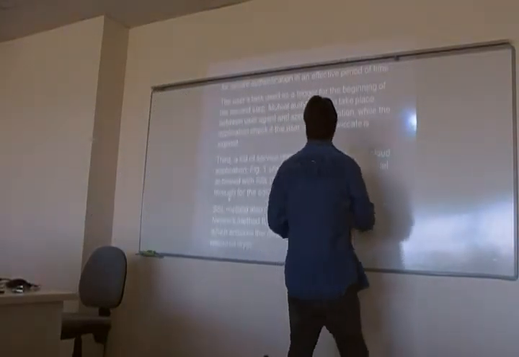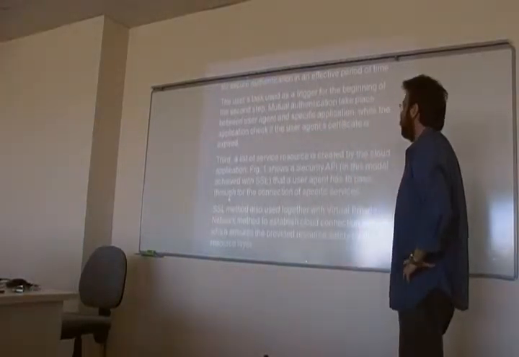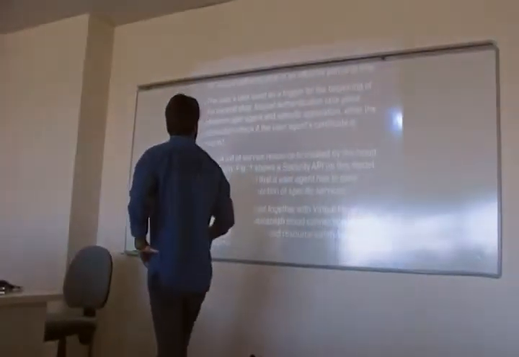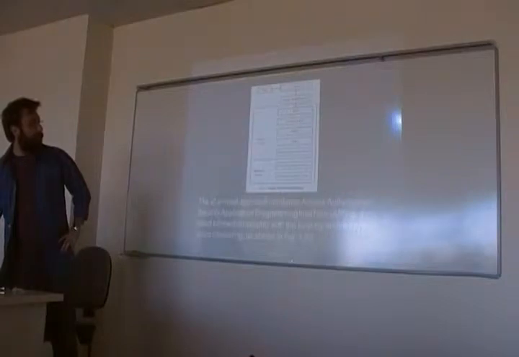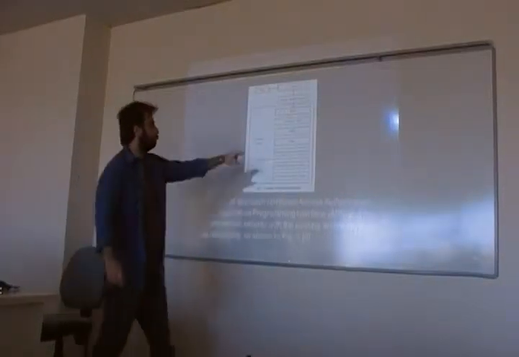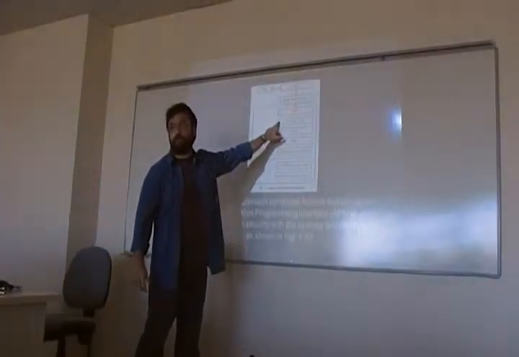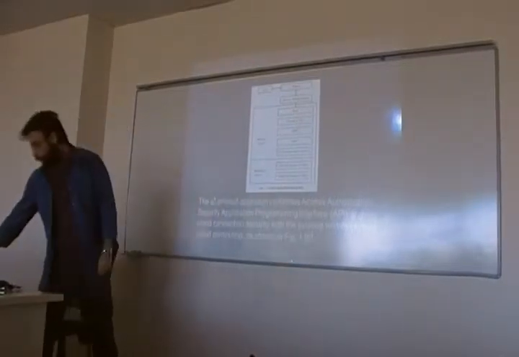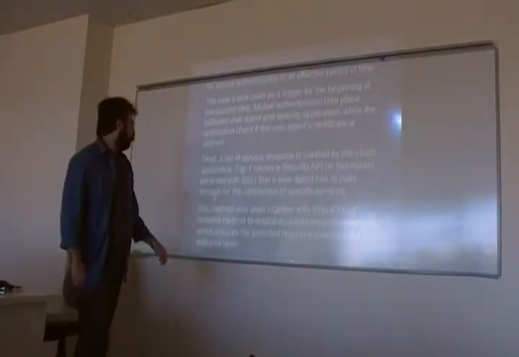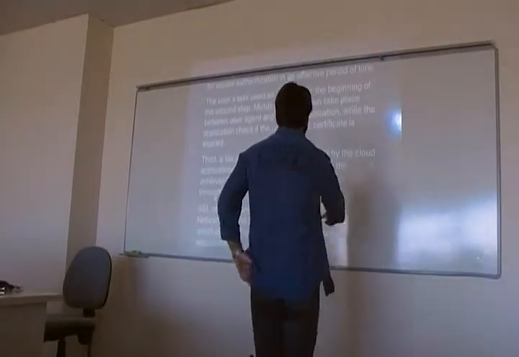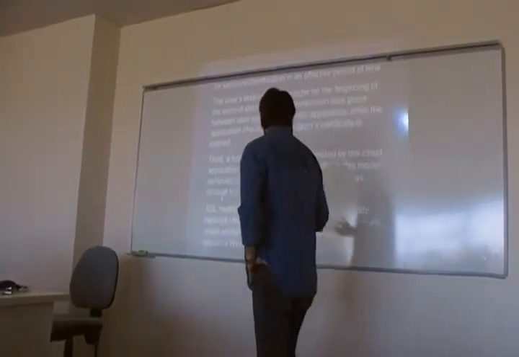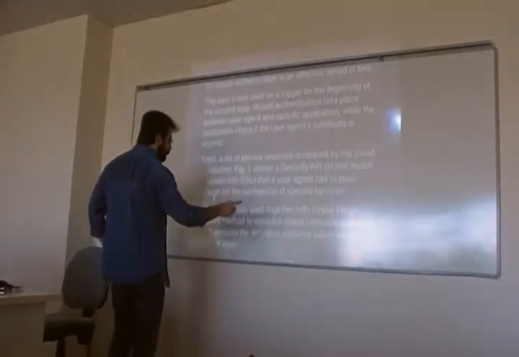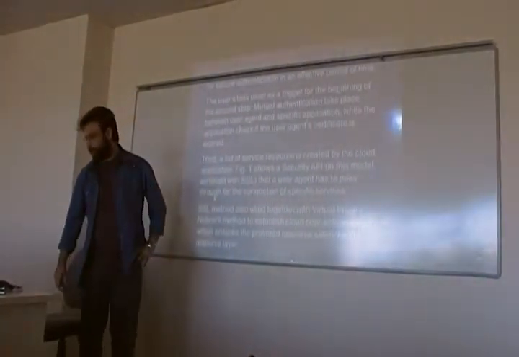Third, a list of service resources is created by the cloud application. For secure communication in this model, SSL is used, Secure Sockets Layer. The SSL method is also used with virtual private network to get the resources connectivity, which ensures the provider's safety by the resource layer.